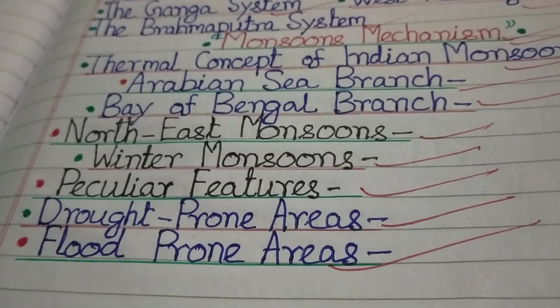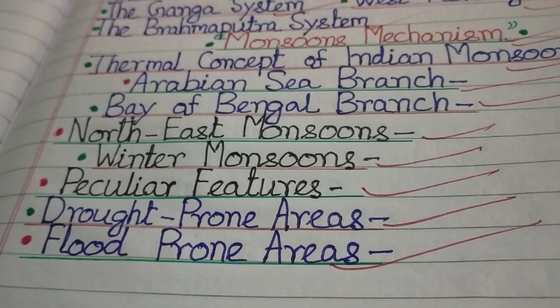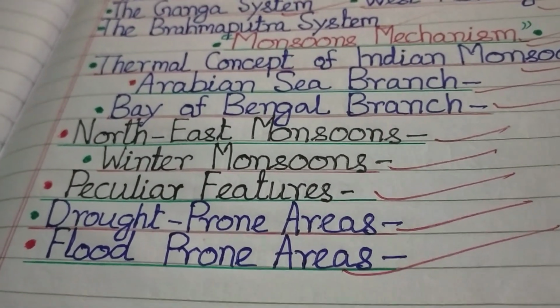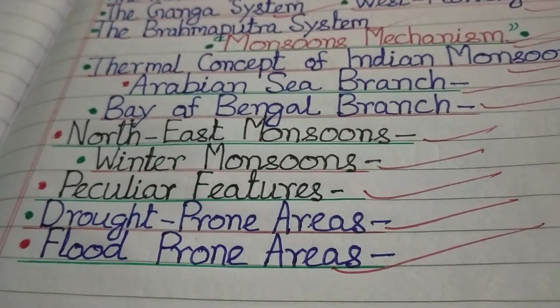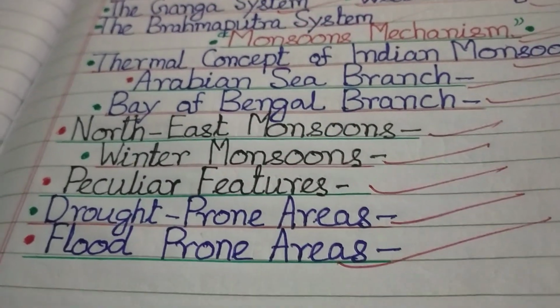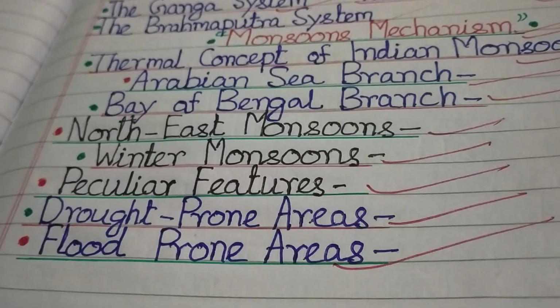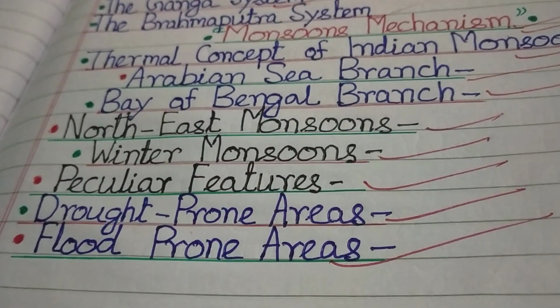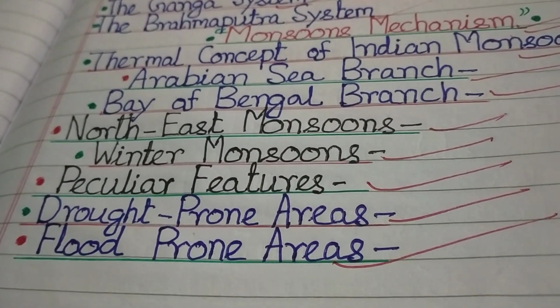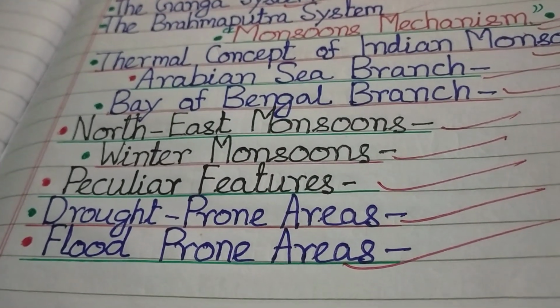These are called westerly disturbances, which travel across West Asia and Afghanistan before they reach India. These disturbances come with cloudiness and rising temperature in the front and cold wind in the rear.